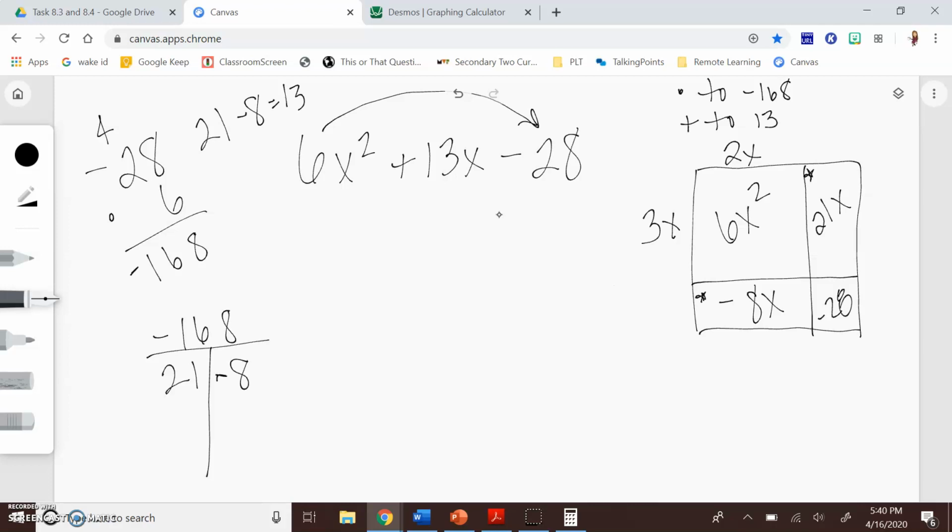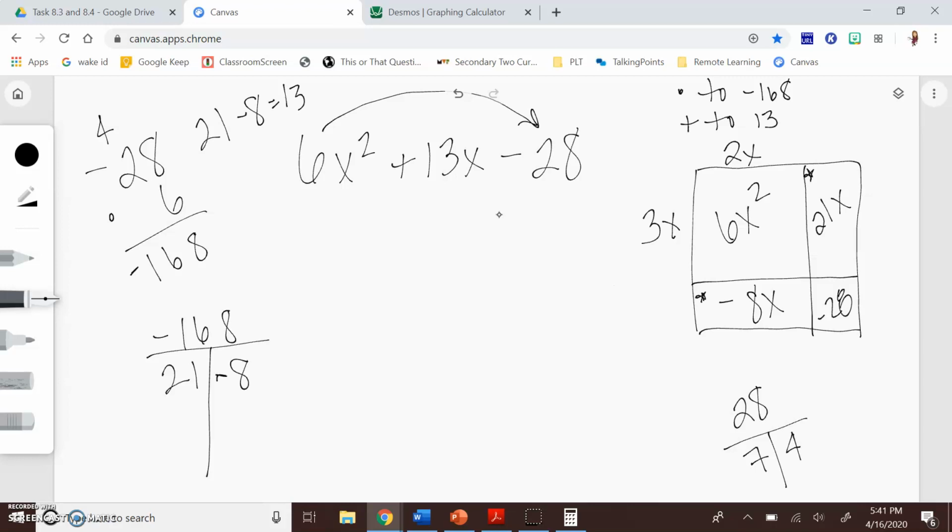Now I need to get to 28. Well, what do we know about 28? 28 has factors of 7 and 4. I need it to be negative, and notice I have my negatives here. So how are we going to multiply?